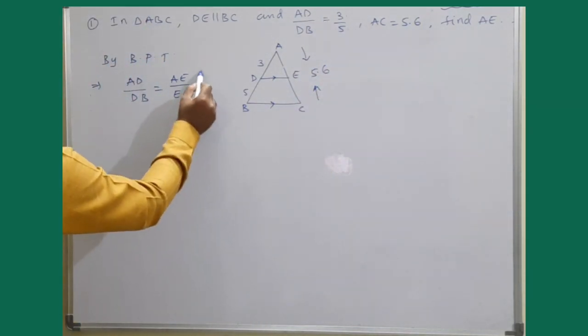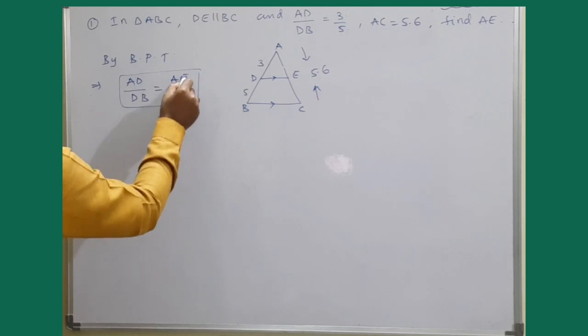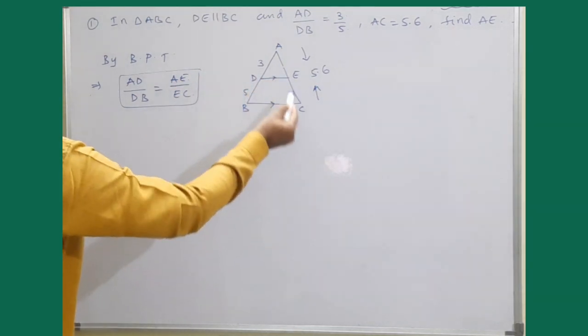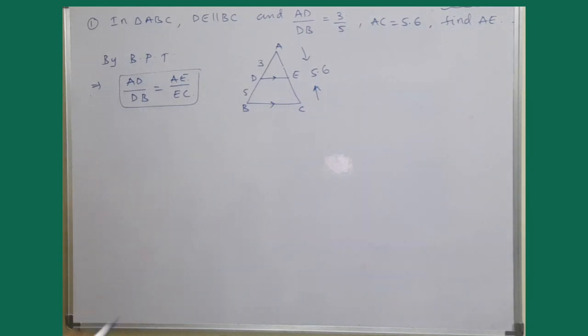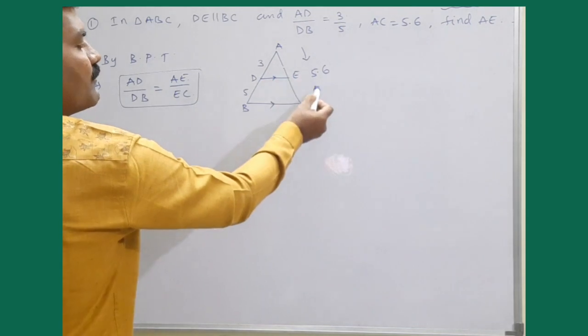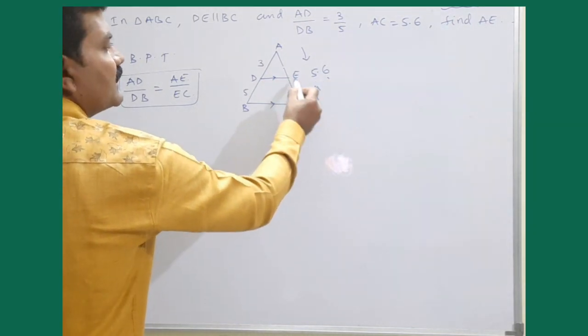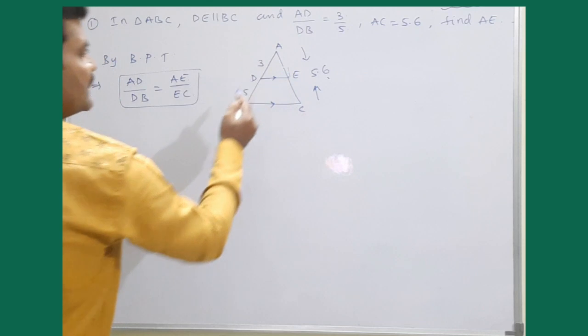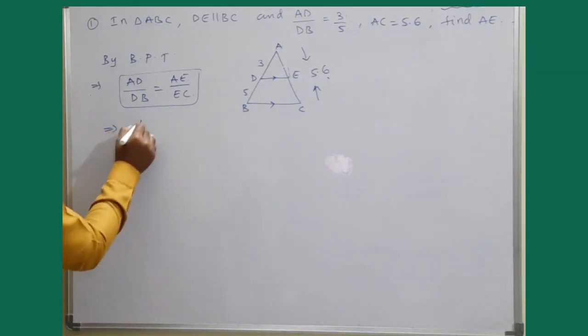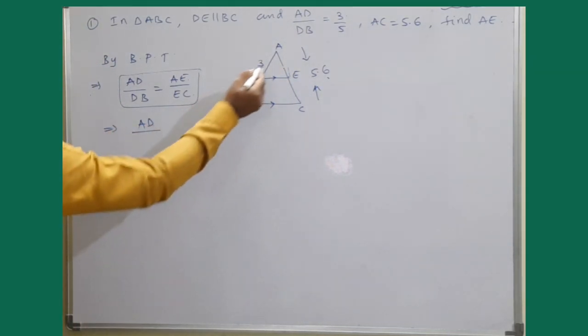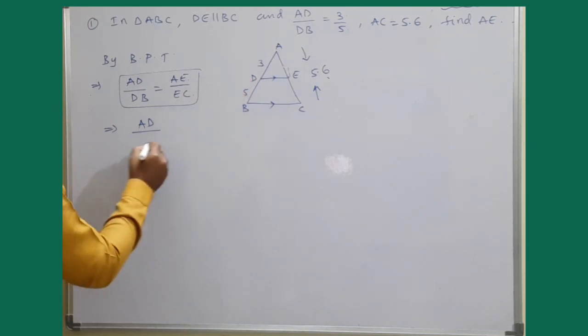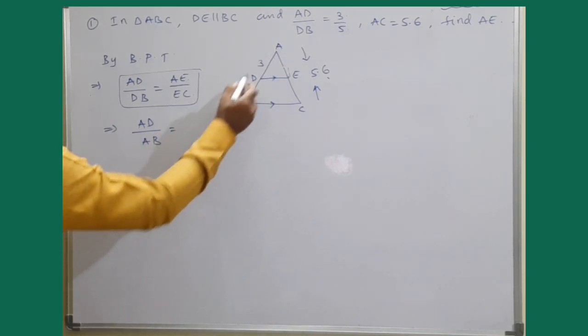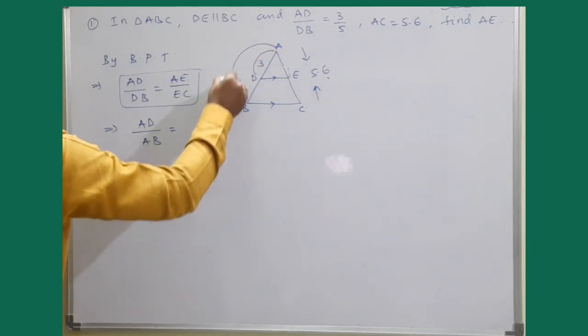Because to proceed in this way, we don't know the individual values of AE as well as EC. Both are unknown. So that's why let us use applications of BPT. The whole length is given anyhow, 5.6. Now I want AE. So I can also write AD by the whole length AB, the ratio of the first part and the entire part.